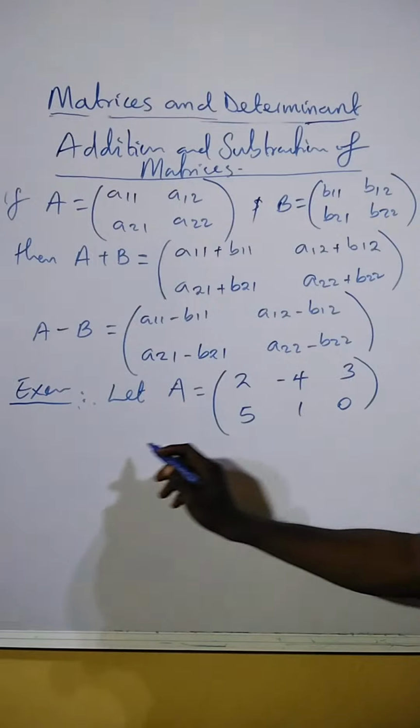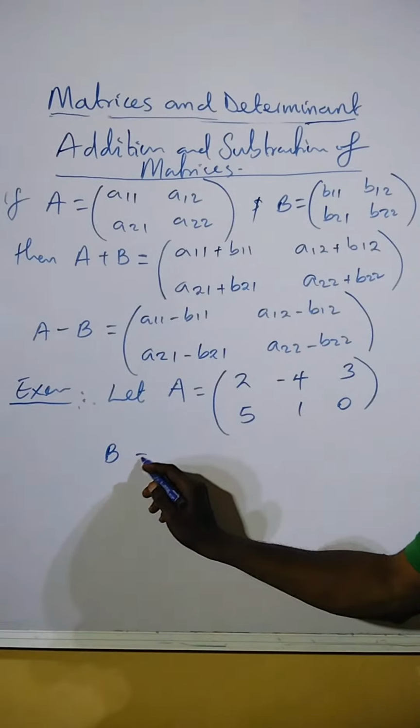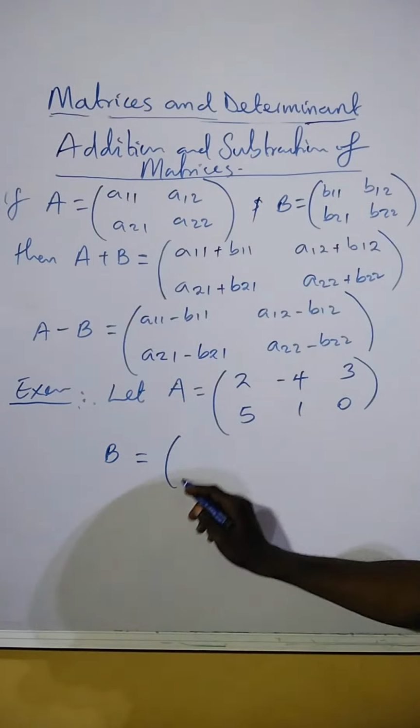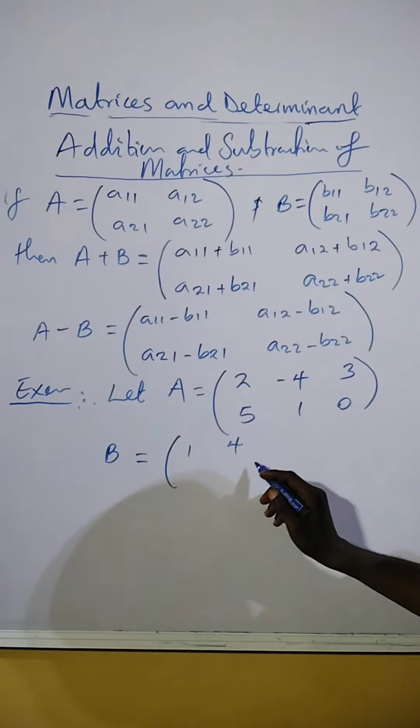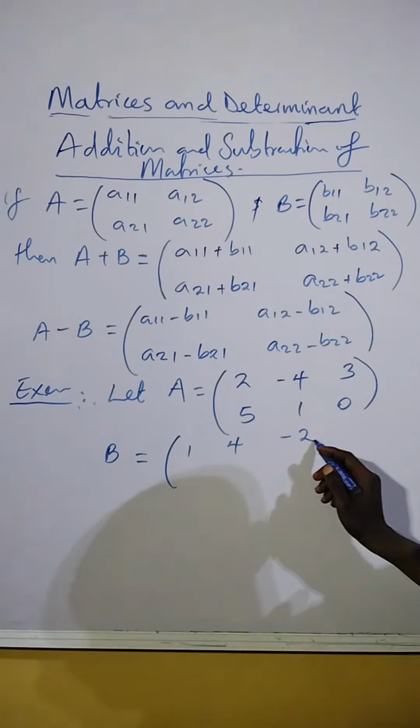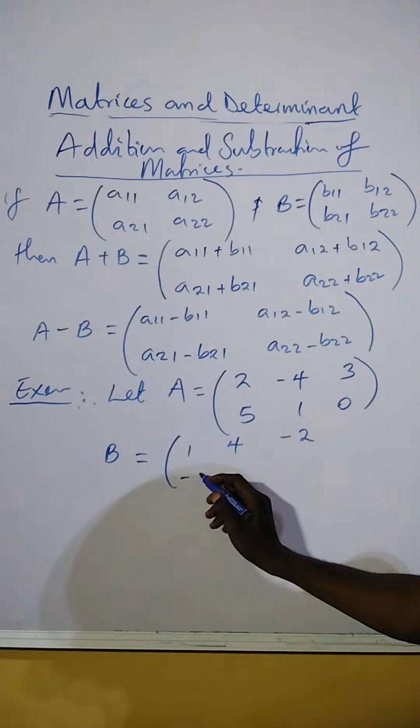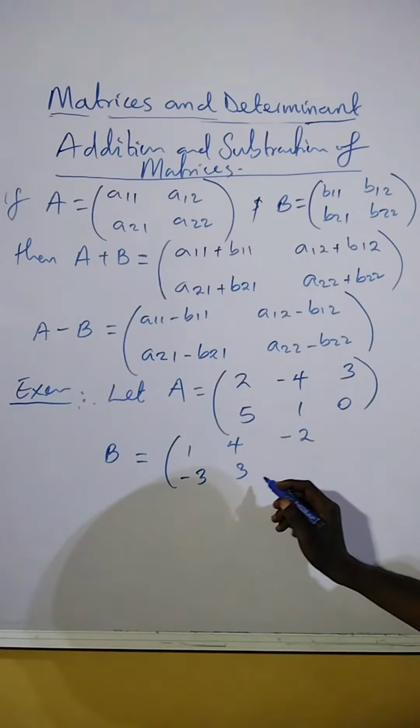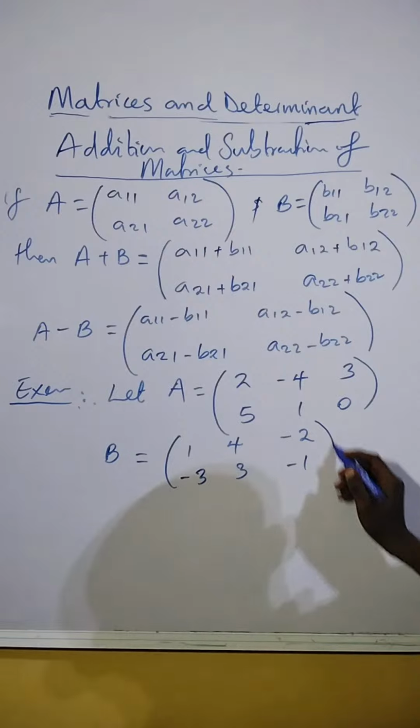And also we have matrix B, which is the same thing: 1, 4, minus 2, minus 3, 3, minus 1.